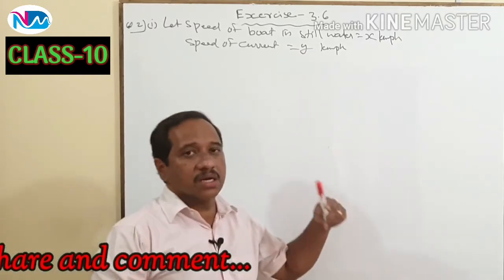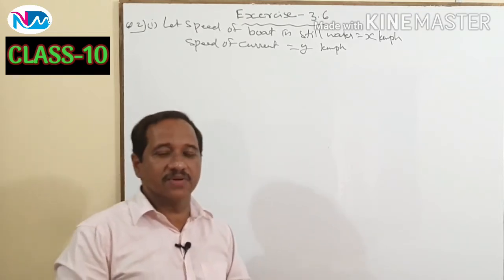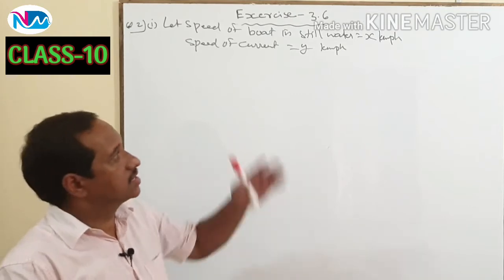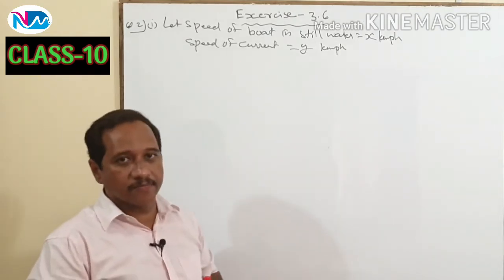If x and y are the speed of the boat in still water and the speed of the current respectively, then in downstream the total speed will be the sum of the two speeds, that is x and y.